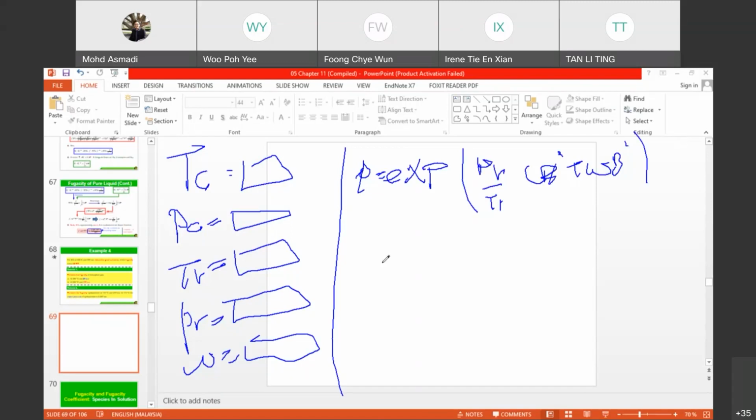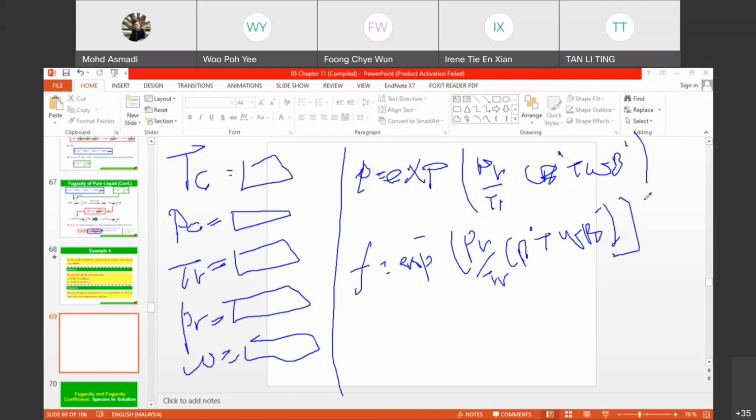Okay, this one. So, fugacity exponent PR divided by TR, B naught plus omega B prime. So please determine B naught and B prime.